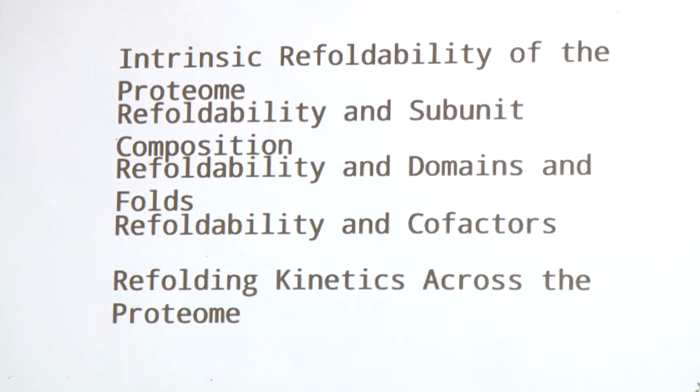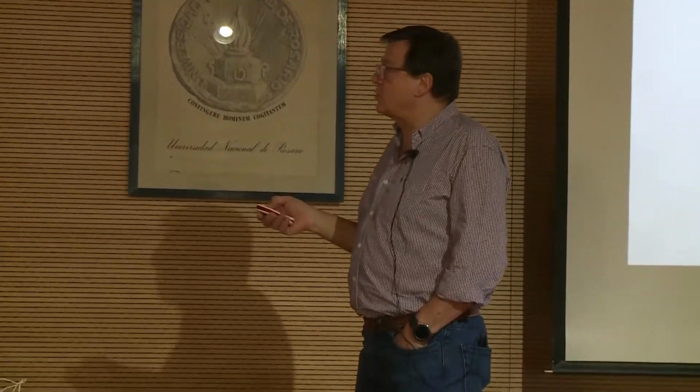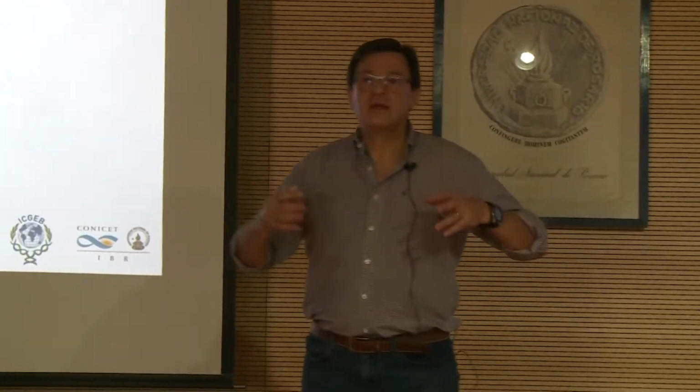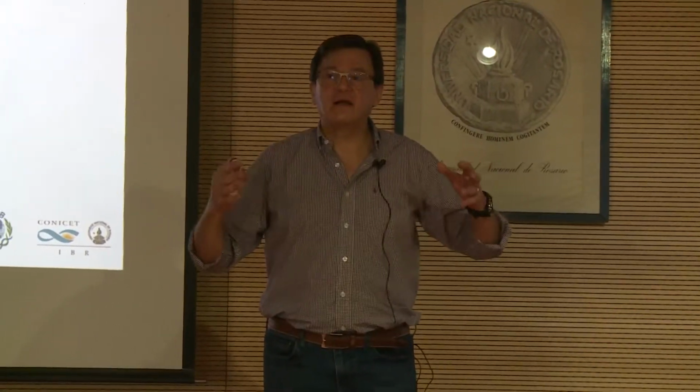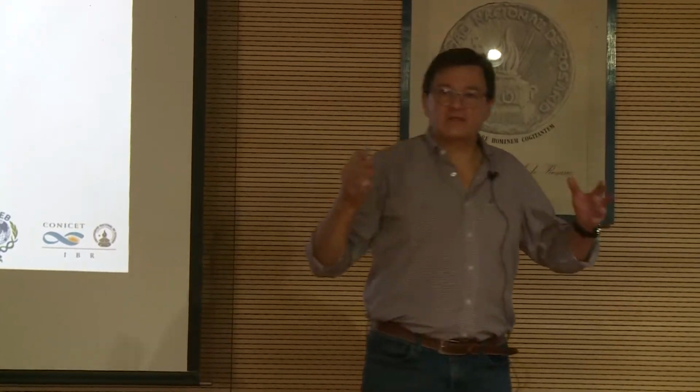So these guys, with this data, have analyzed different aspects of the refoldability of the proteome, looking for the intrinsic capability of a protein to be refolded, and they checked different relations at a proteome level. For example, how many proteins that refold are in multi-subunit complexes, and how many single proteins refold spontaneously.